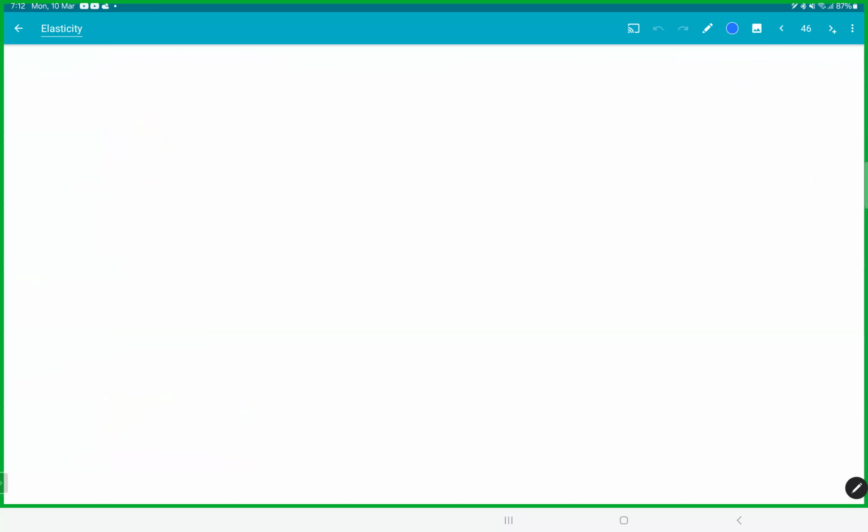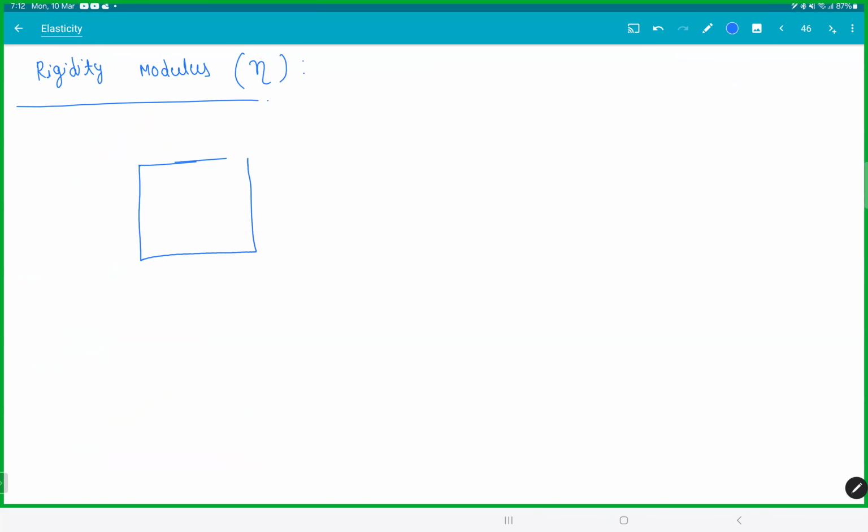Next thing. Rigidity modulus. The symbol is eta, it just looks like viscosity. So if you take a block here, let's say the lower part is fixed. The area is A and you don't apply any force, it just looks normal.